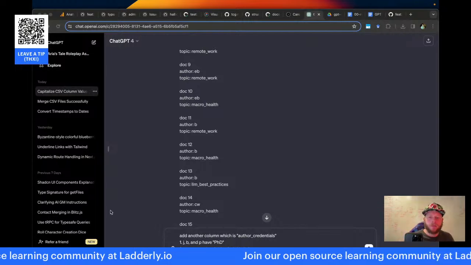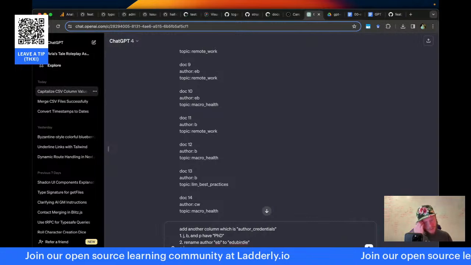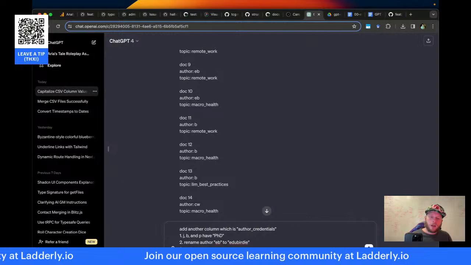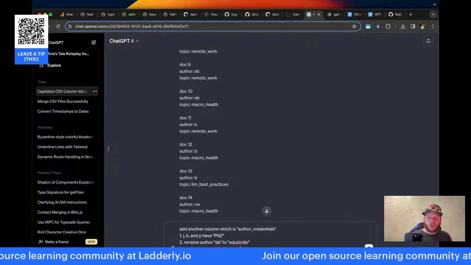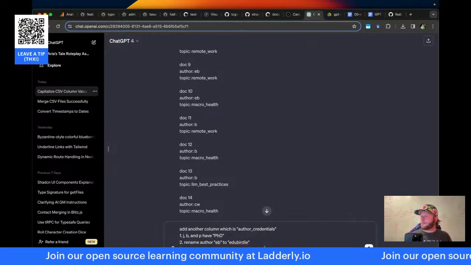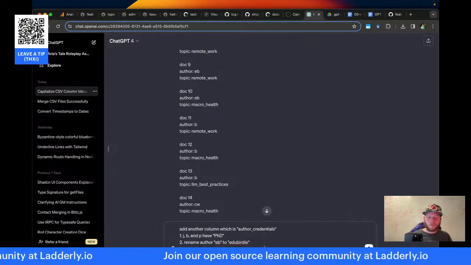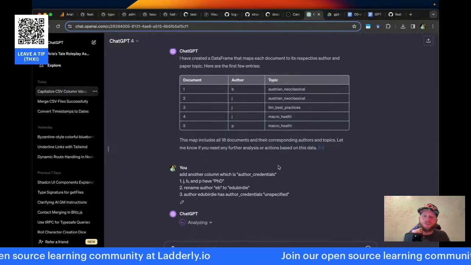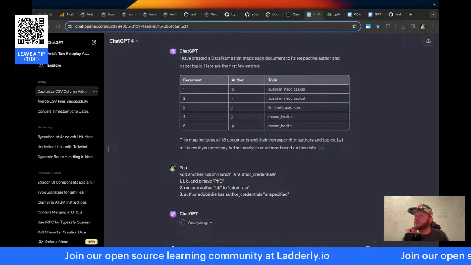So it's a distinct category. It's like unspecified, basically. Author EduBirdie has author credentials any, or like unspecified. Okay, looks good.